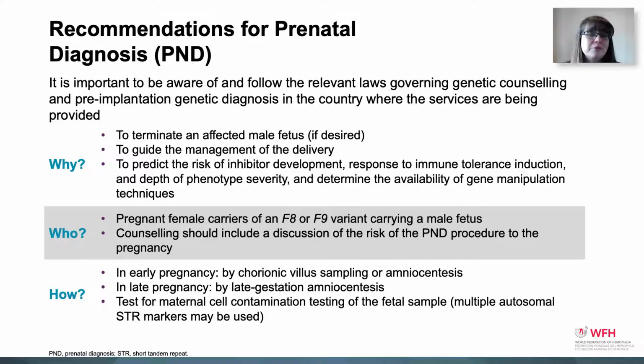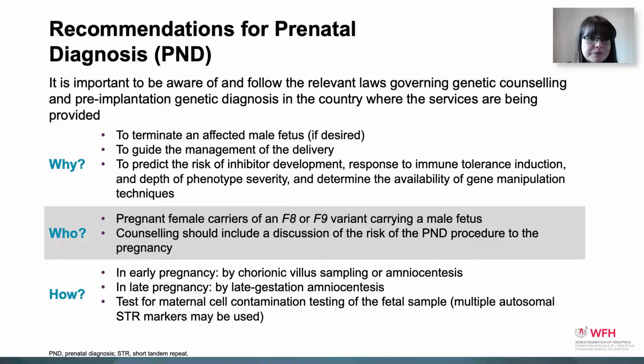The reasons for prenatal diagnosis are to terminate an affected male fetus if that's desired. We can use it to guide the management of the delivery of the baby and to predict the risk of inhibitor development and the response to immune tolerance induction in the affected individuals.